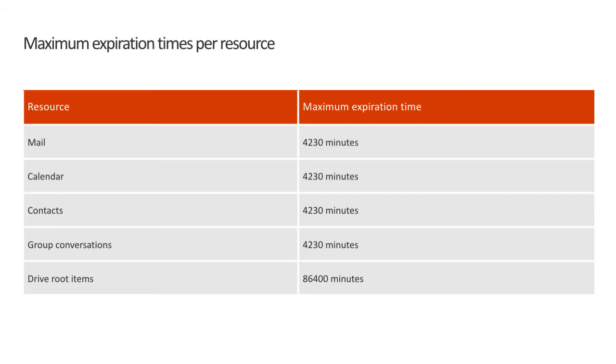One of the nice things is that when you get the notifications, it will tell you when the expiration of this subscription happens. So if it's a very chatty API that you're using, like subscribing to new mail coming in and you are getting mail every single day, then you can keep watching to see when the subscription is going to expire and then proactively renew your subscription to make sure that it doesn't expire.